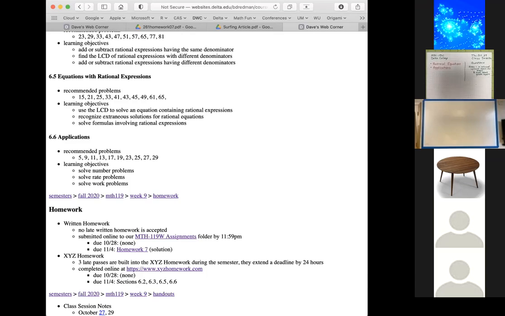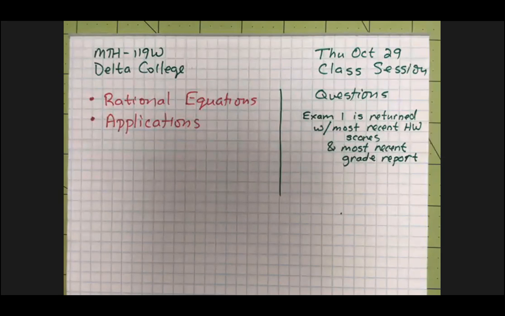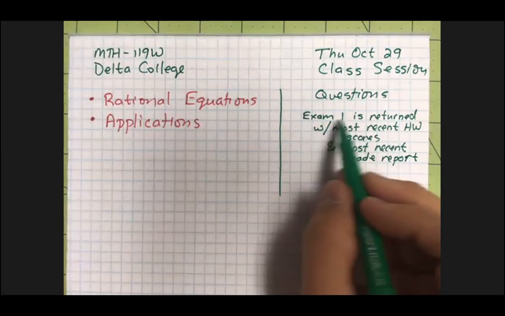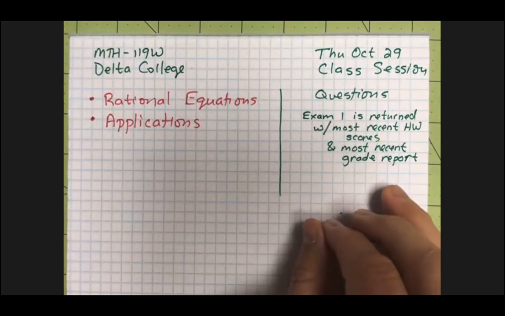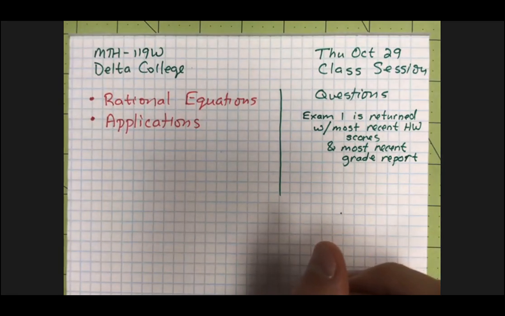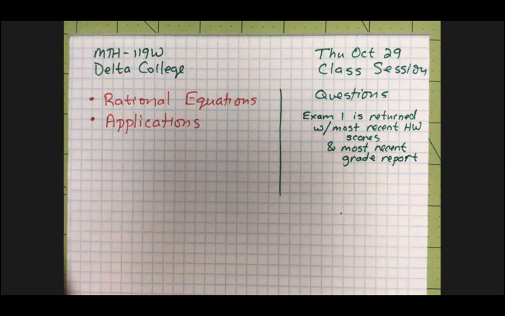You've done written homework, XYZ homework, and now an exam. You have one more exam. So you see the whole picture on your grade report. Although right now we've done about exactly 1/2 of the class point-wise. So you're just about halfway there in your grade point-wise.